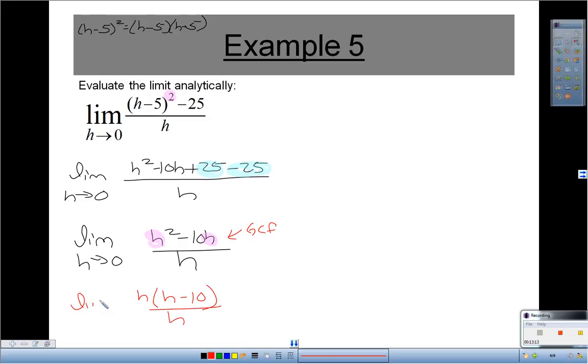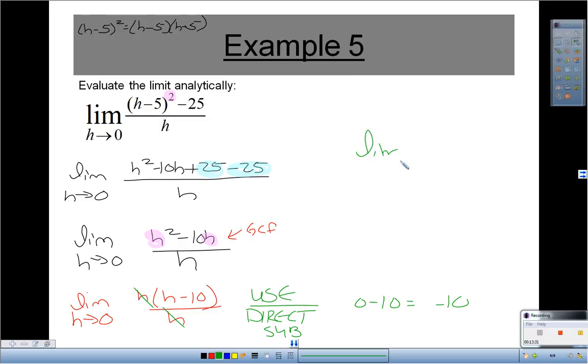You probably see now why I wanted to do that, because the h's will cross out, and now I can use direct substitution, and that'll be 0 minus 10, so that'll be negative 10. And so the limit as h approaches 0 for this function is negative 10.